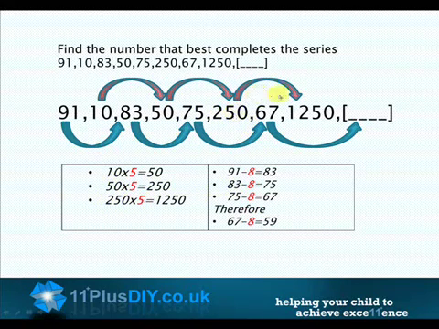Looking at the bottom row, 91 minus 8 is 83. 83 minus 8 is 75. 75 minus 8 is 67. Therefore, 67 minus 8 is 59. The answer to this question is 59.